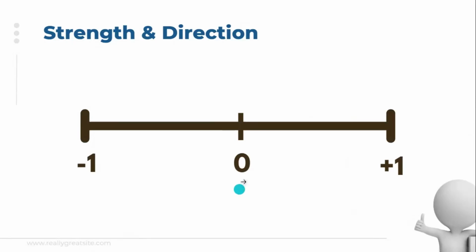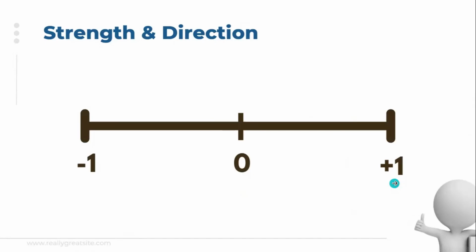So when we see that the value is 0, it means that there is no correlation whatsoever. The variables are not related at all, completely unrelated. That is what 0.00 means when you calculate correlation and get it. There is no relationship.